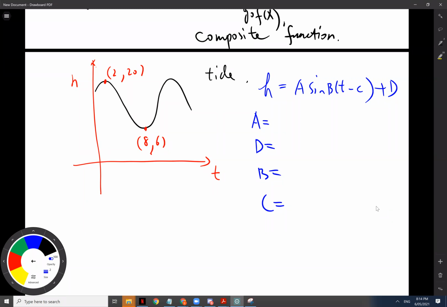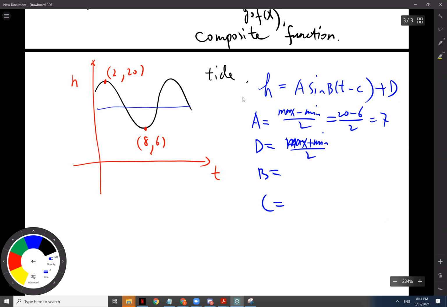E, nice. Okay. Maximum minus minimum, divided by 2, of course, the y value, 7. D is just the value in the middle.